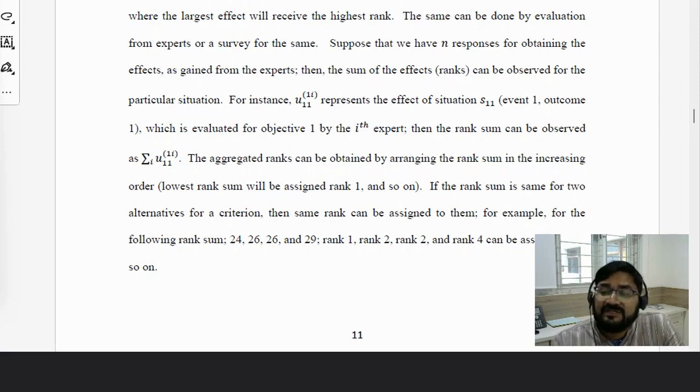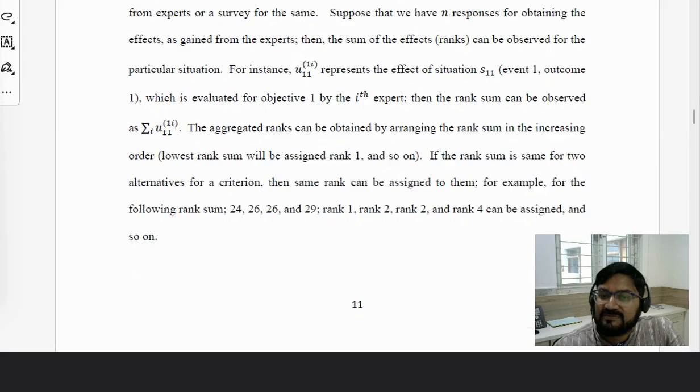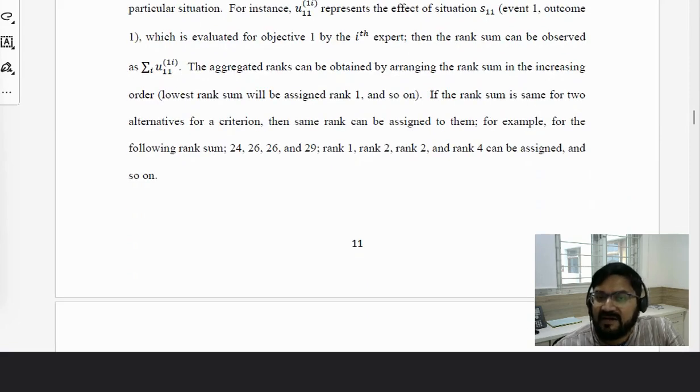So we can see situation 1, the selection problem with respect to the alternative, with respect to objective 1, that may be the first criterion. One expert gives rank 1, and maybe the second analyst gives rank 2 or 3, etc. The sum of the ranks we can take. Okay, suppose the sums of the ranks are 24, 26, 26 and 29.